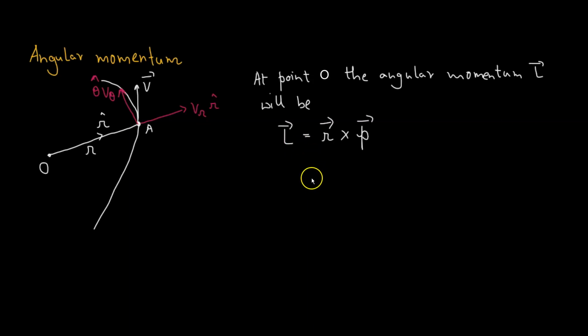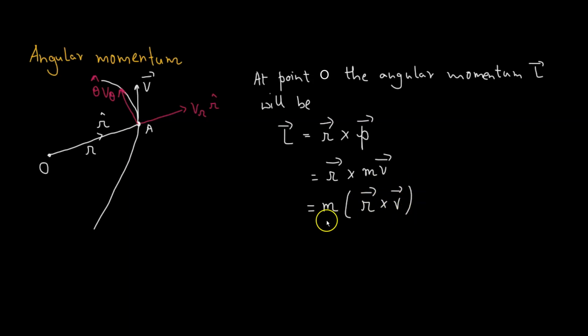We know that the p vector is given as mass times the velocity vector. Since mass is a constant, we can write it as m times r vector cross v vector.